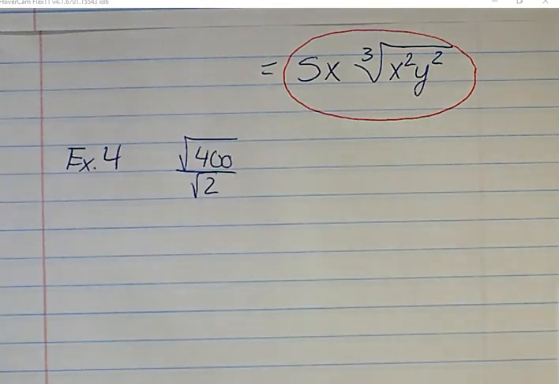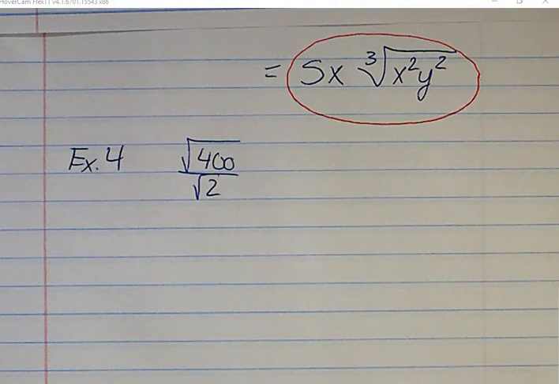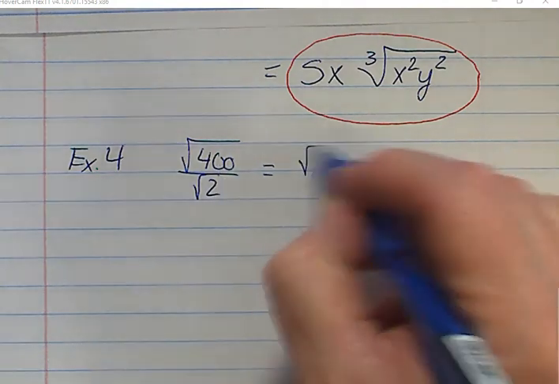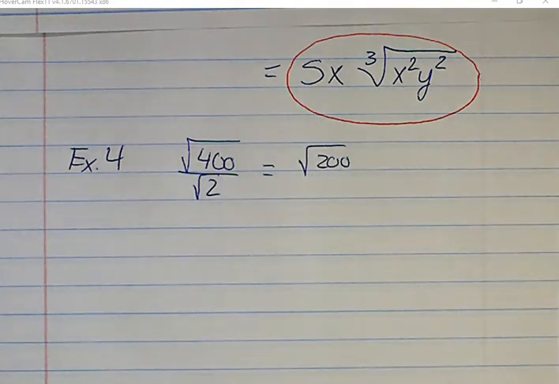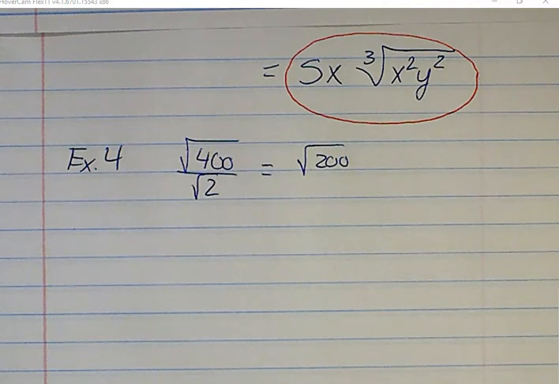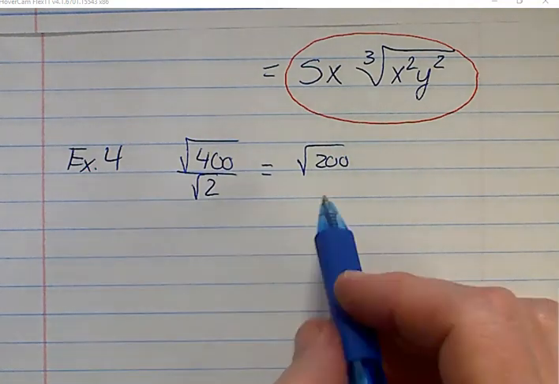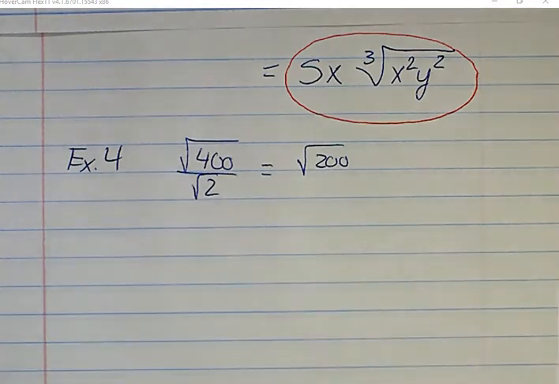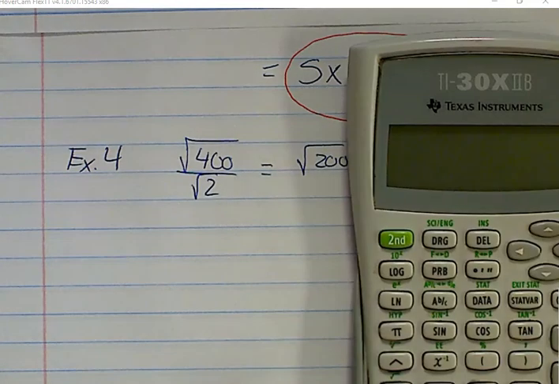Yep, so let's go with the square root of 400 over the square root of 2. Okay, and again, if you take 400 divided by 2, it's 200. And if you check 200, it is not a perfect square root. So that one, we've got to break it down. When we start to break the 200 down, again, you may be saying, what does it look like if it's not a perfect square root?